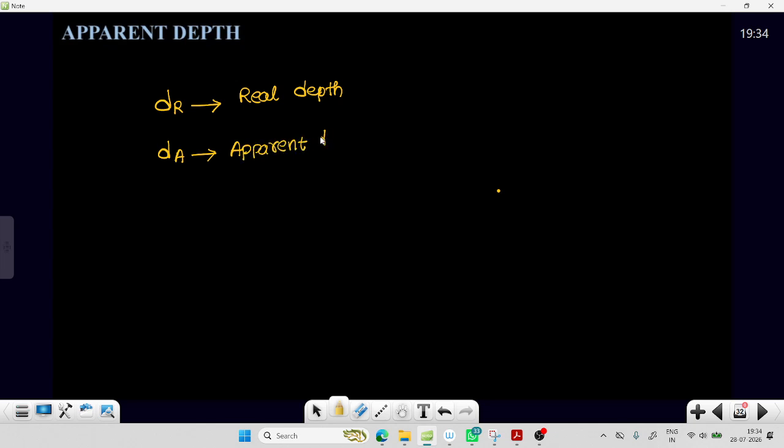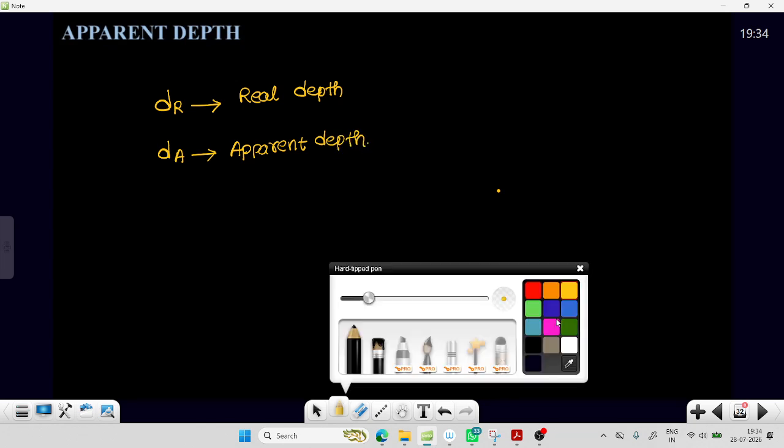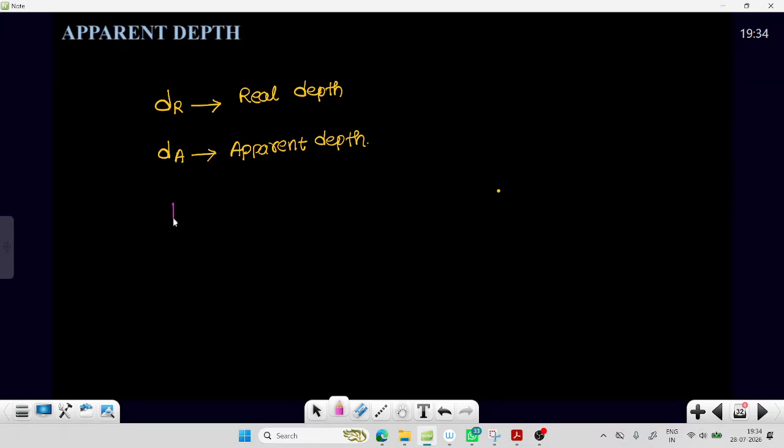The relation between them: apparent depth is equal to the refractive index of the observer medium, by, real depth, actual distance, by refractive index of the object medium.